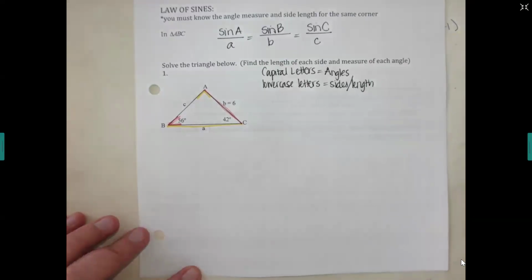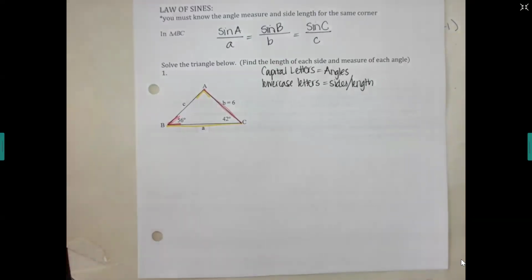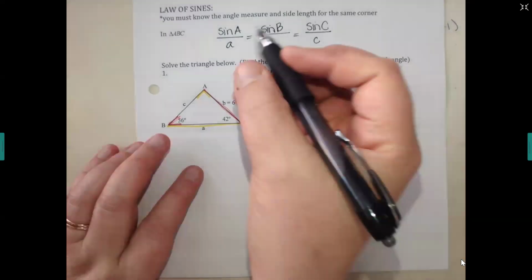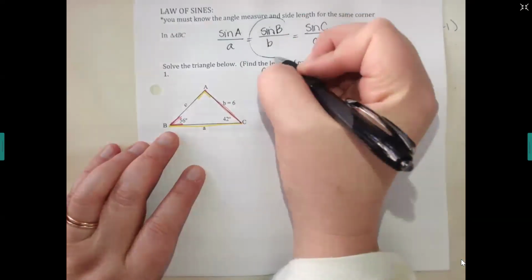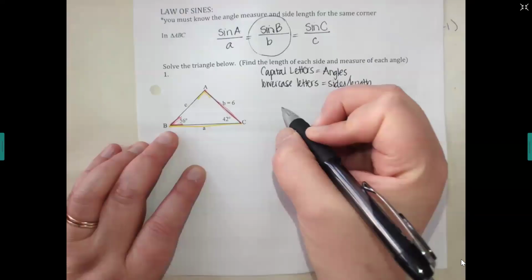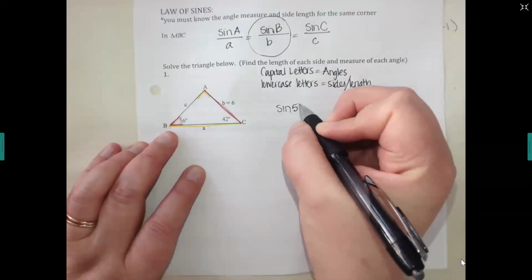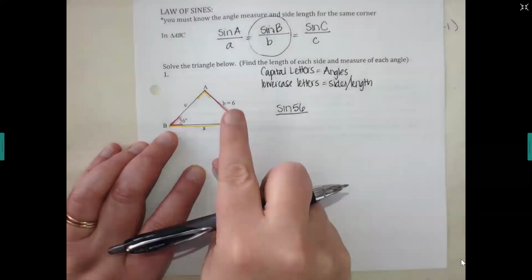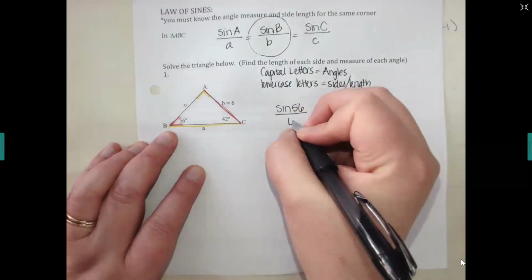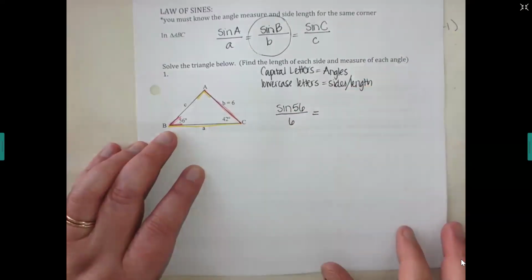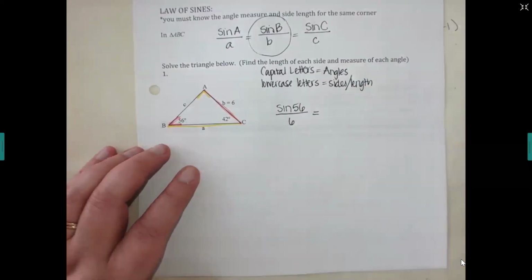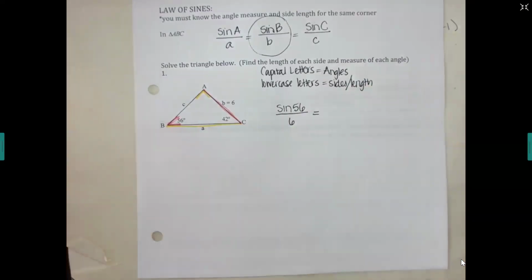So B is going to be the partner where I have the angle and the side. I'm going to do sine B over b, where capital B is 56 and little b is 6. Then I'm going to look for the other set of partners where I know either the angle or the side.